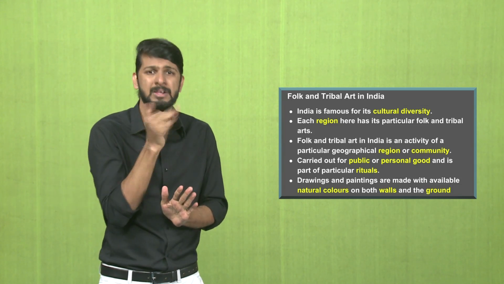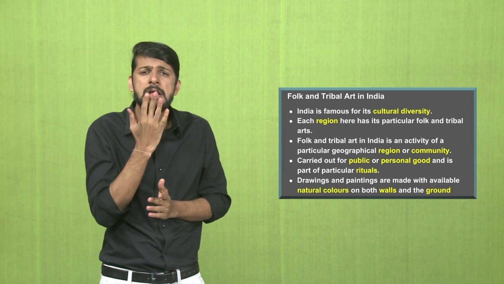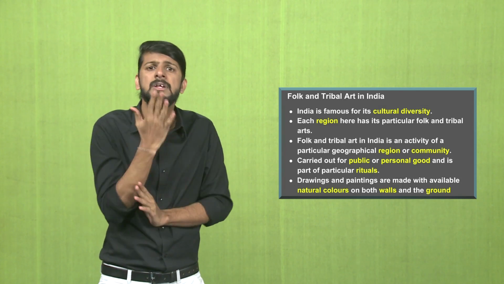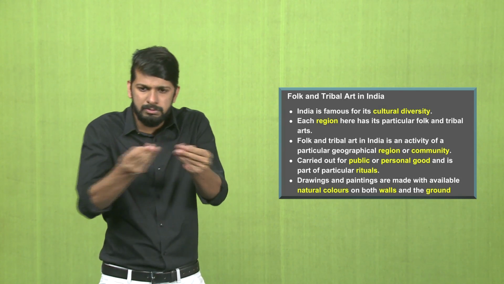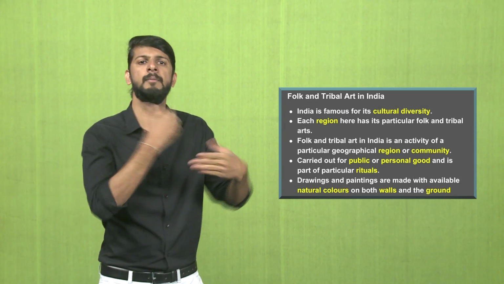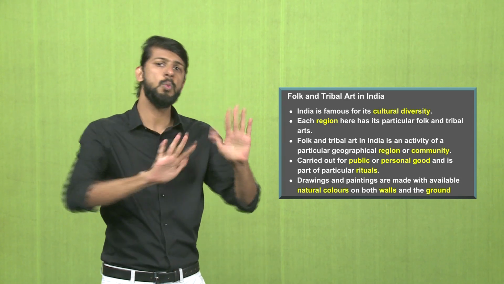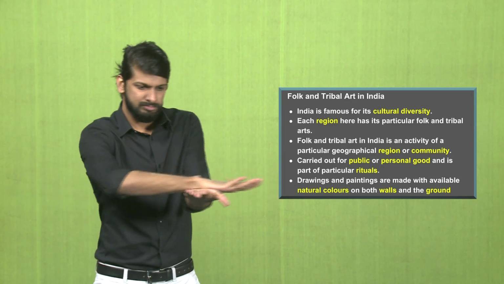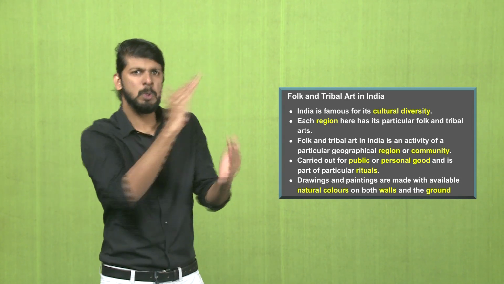And the best part about these drawings and paintings is that it uses natural colors, pigments which are derived from nature, and are done both on walls or the ground.